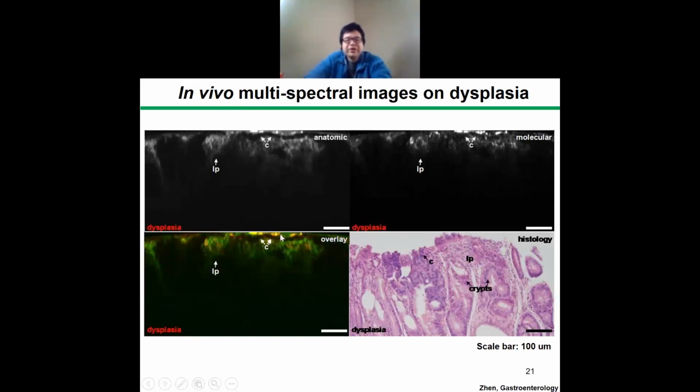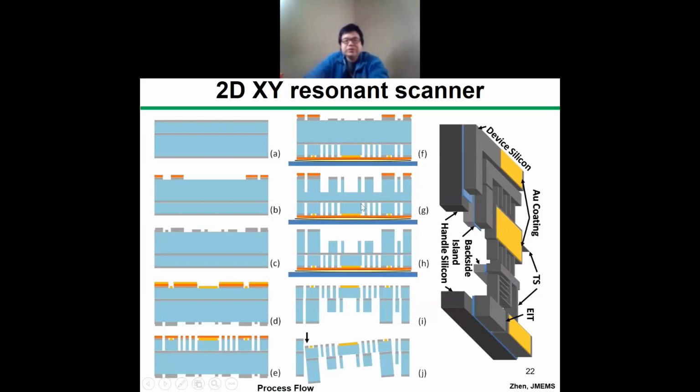This is a dysplasia area. You can see the morphology and the targeting, and then we overlay both frames and compare to the traditional histology. The morphology is similar to the picture showing the histology, and the molecular imaging targets all these biomarkers in the tissues.